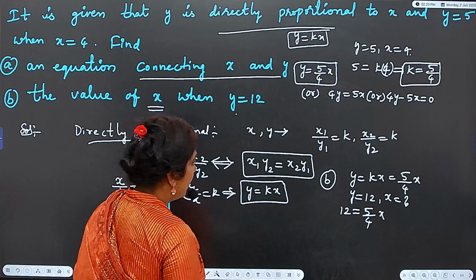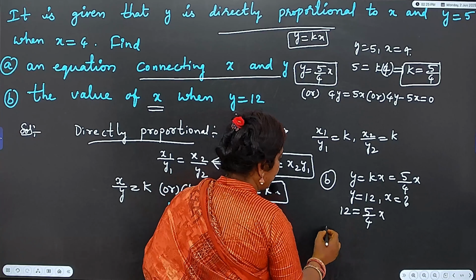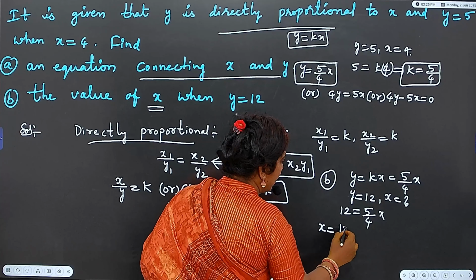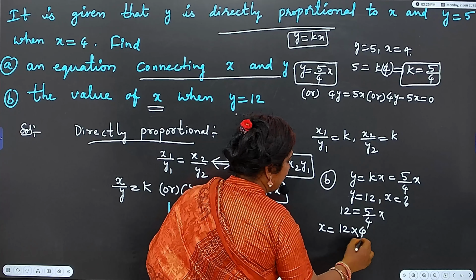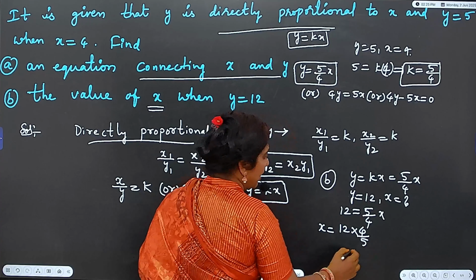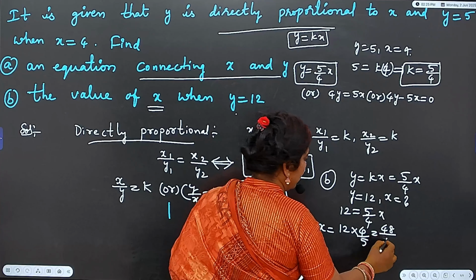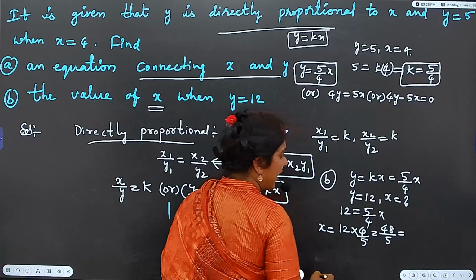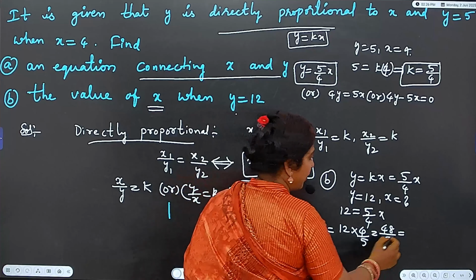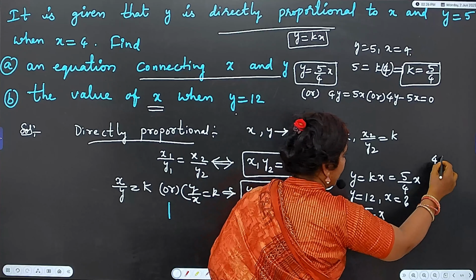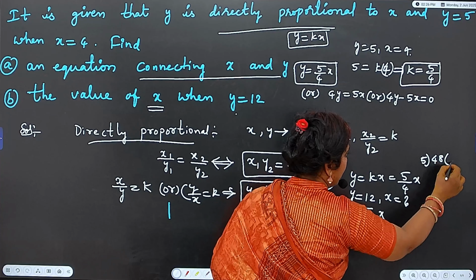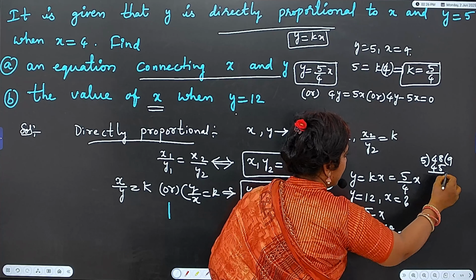Then cross multiply it. x equals 12 multiplied with 4 over 5. 12 fours are 48, over 5. 48 divided by 5: 5 nines are 45, 3 is the remainder.